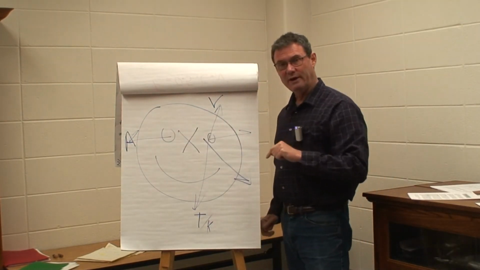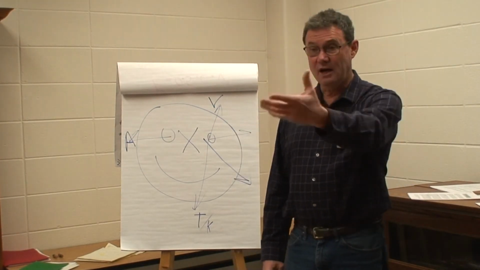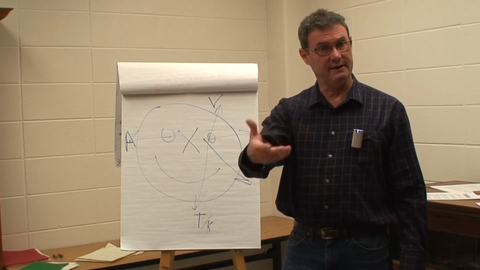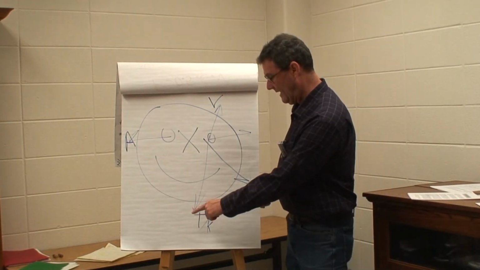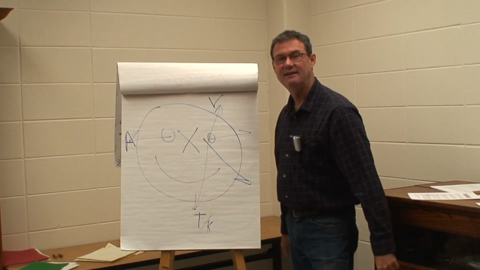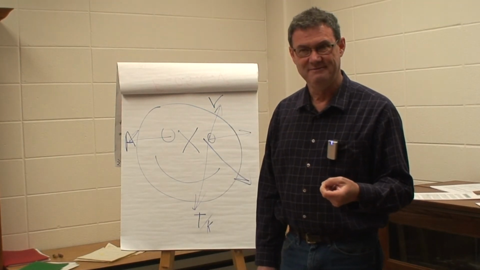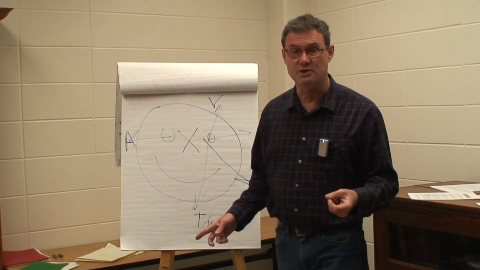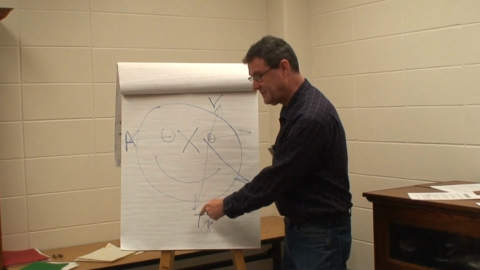If you're auditorily oriented, you need to get together with a friend and talk about the class, talk about ideas and things you heard and things you thought. And if you're tactile, you need to rewrite your notes. You actually need to rewrite your notes for a couple of reasons. One is your handwriting is probably so sloppy you can't hardly read it anyway. But you rewrite your notes because it's an activity.